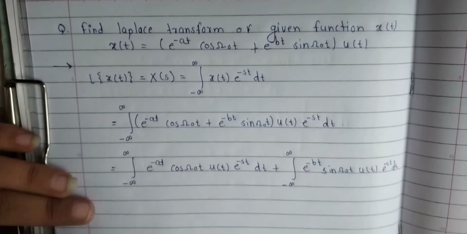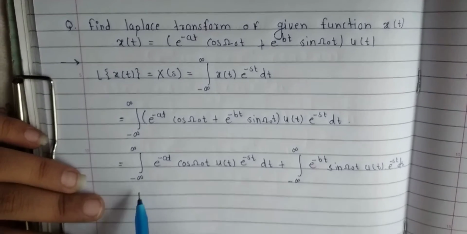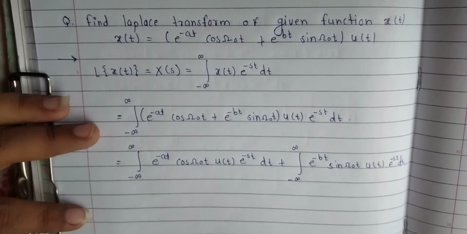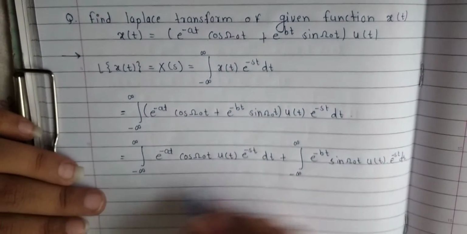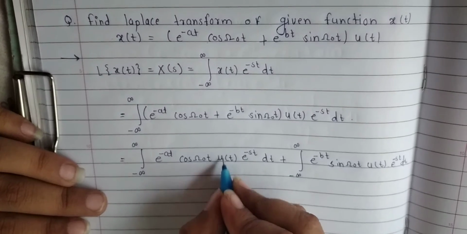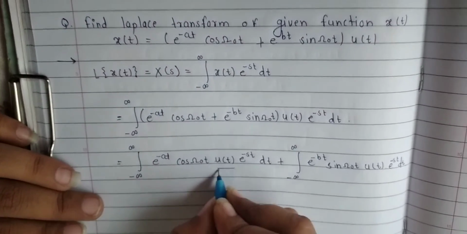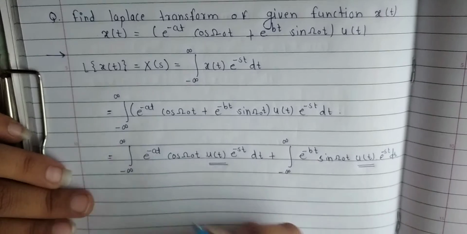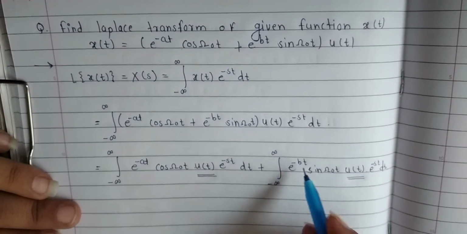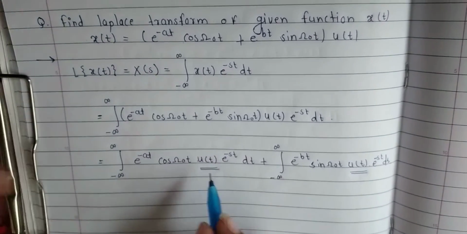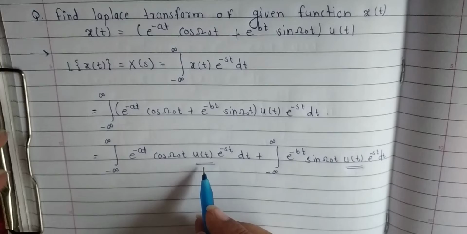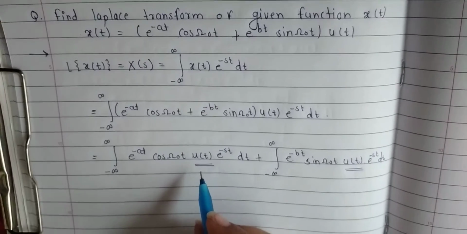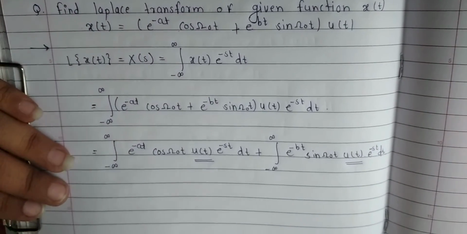Here the limit of the integration changed from minus infinity to infinity to 0 to infinity, because we have multiplied the u of t to the function e raised to minus at cos omega naught t and e raised to minus bt sin omega naught t. We know that u of t is a step signal which only lies between 0 to infinity.